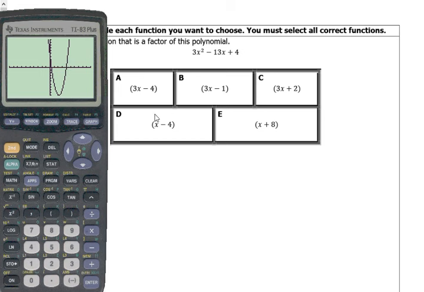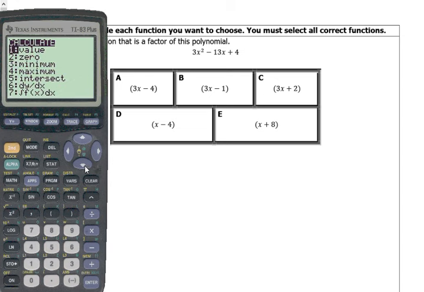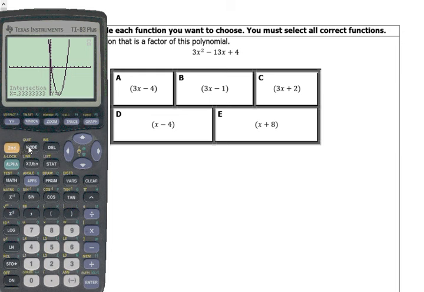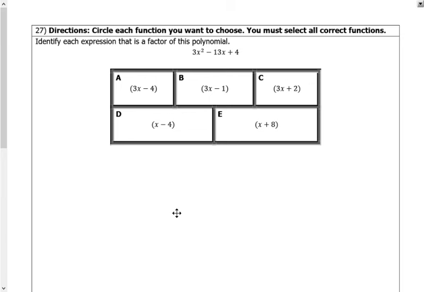So that means x minus 4 is a factor. But this one I can't tell. So I'm going to have to do calculate intersection. And I get 0.3 repeating. That's no good. So we need to remember that 0.3 repeating, we're going to make that repeating by typing it in, and then convert that to a fraction, and I'll get 1/3. So what were my solutions? They were 1/3 and 4. So what are my factors? They are x minus 1/3 and x minus 4.